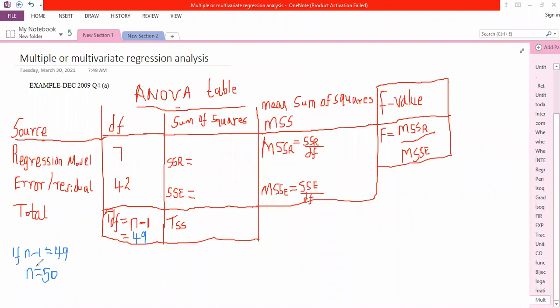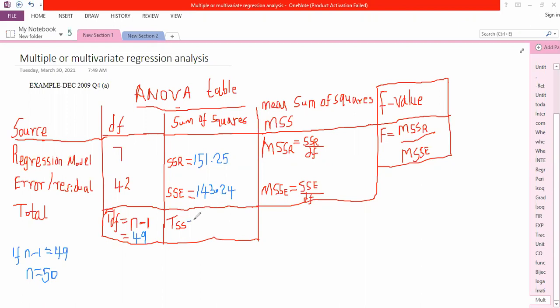The sum of squares we are given for the regression is 151.25. And for the error term, we have 143.24, giving us a total.